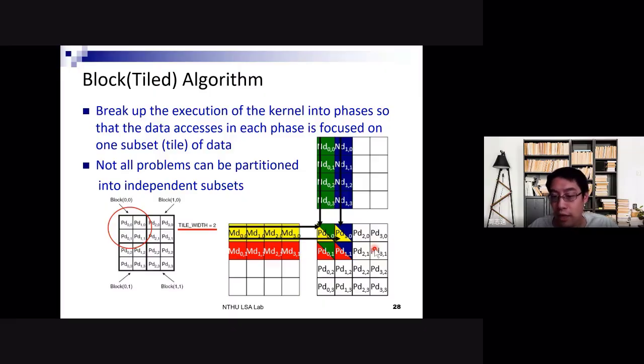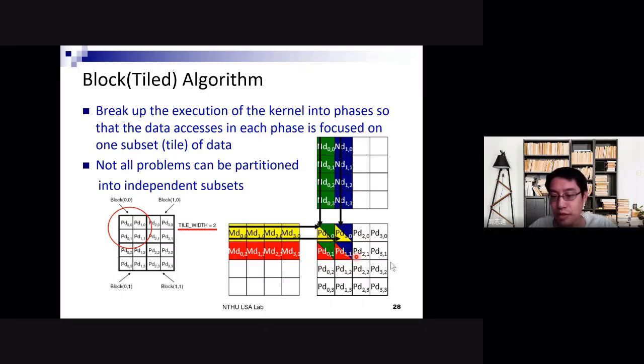But that may not be the case if you keep computing. Then you see that it depends on the order of your computation. Sometimes you just have to clean out the space so that you can load the other data from your matrix. Okay, so it's not guaranteed you can always keep the data in your shared memory.